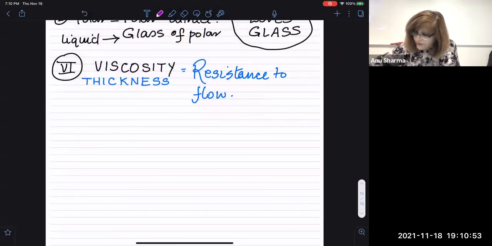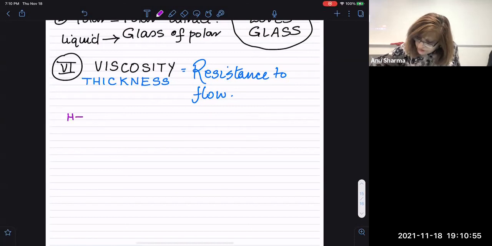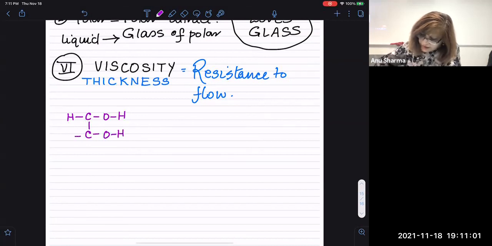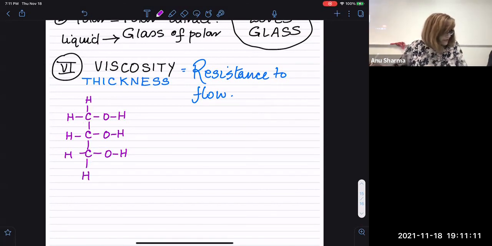For example, you have here hydrogen, carbon, OH. Carbon, OH. Hydrogen. Carbon, hydrogen, and OH. So fine, all these OH, OH, OH is definitely going to be hydrogen bonding here.